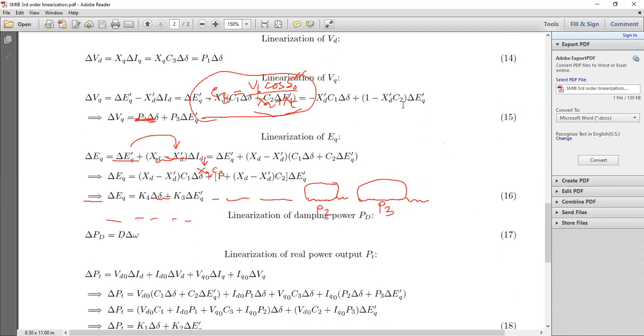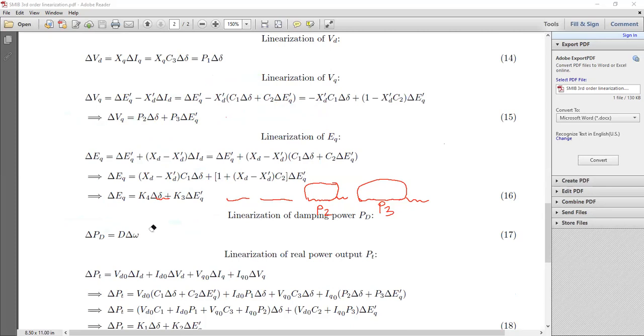Next is EQ. The linearized version of EQ is simply del EQ dash plus XD minus XD dash multiplied by del ID. What is del ID? Again, del ID is C1 del delta plus C2 del EQ dash. XD minus XD dash remains as it is, del EQ dash remains as it is. Then again, you group the variables. You have two state variables, del EQ dash and del delta.